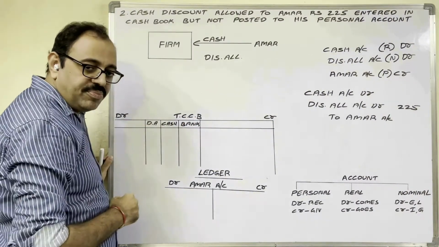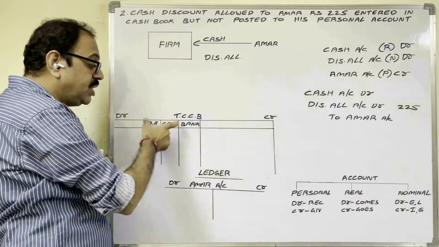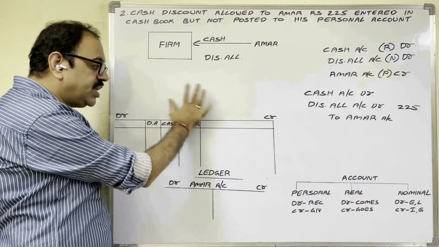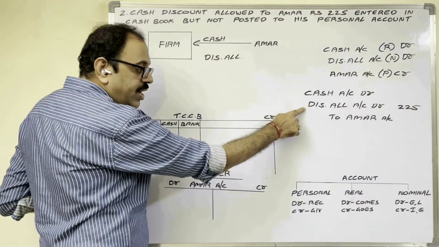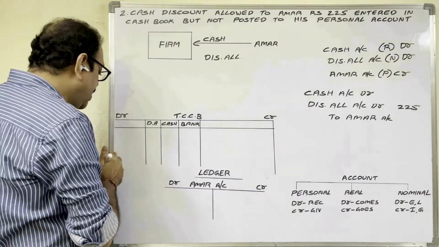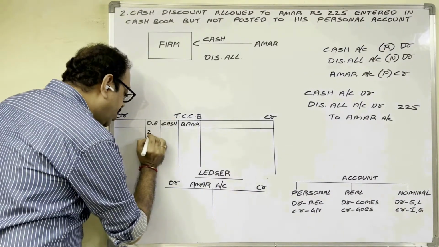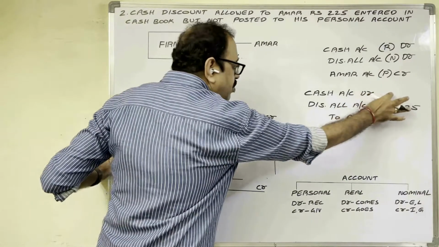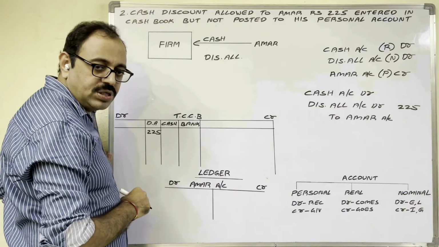Credit side also the same. In the question he has given the cash book, no? So our assumption is that they are maintaining a triple column cash book. In the triple column cash book, cash and discount are both debited, so on the debit side we should post. In the particulars column, to Amar account, in the discount column 225 rupees. In the cash column, this cash amount we should write. The amount is not given, so we cannot write any amount.